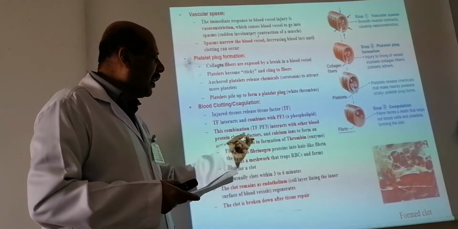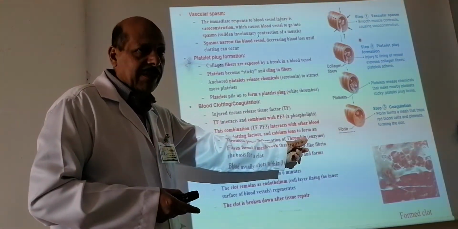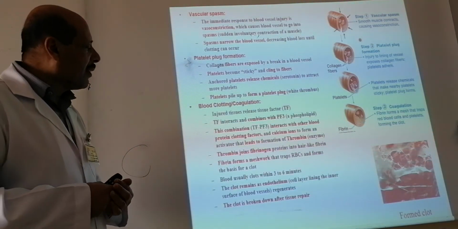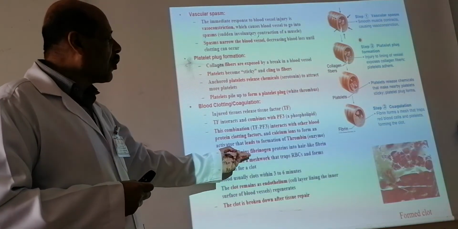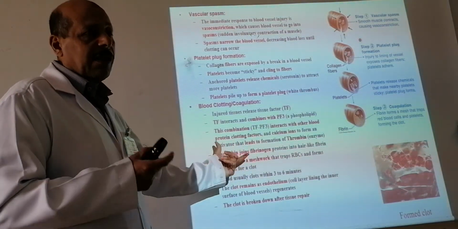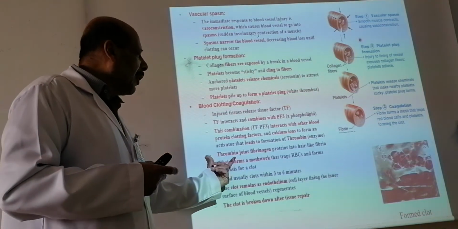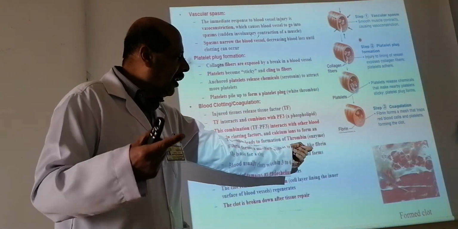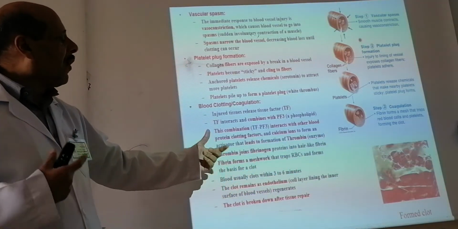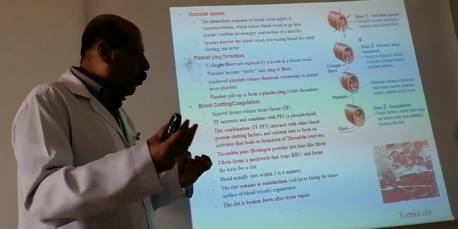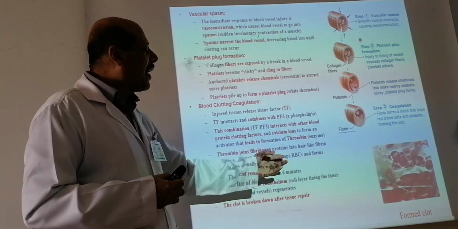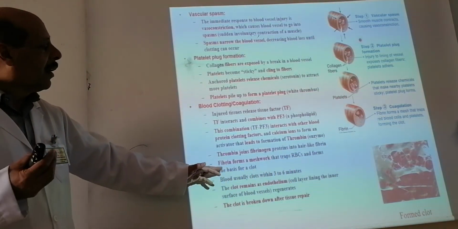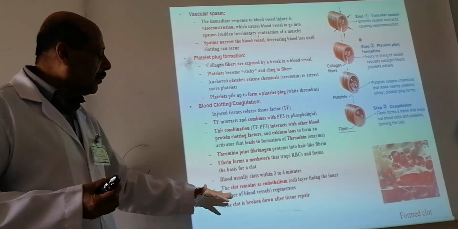That activator will lead to formation of thrombin through the assistance of an enzyme. Thrombin, which is an enzyme, will join the fibrinogen, which is a protein, to link fibrin, and fibrin forms the meshwork. The meshwork traps the red blood cells or the whole blood to form the base of the clot.